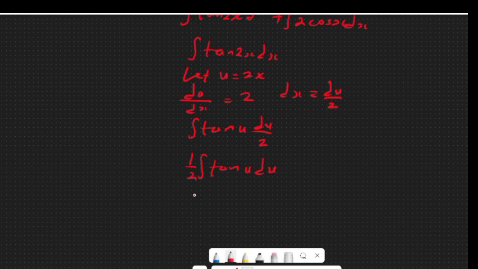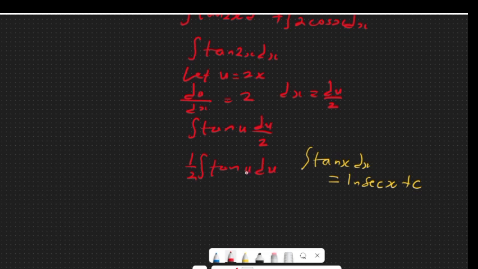So what is the integral of the function tan? Let's say the integral of tan x dx gives ln sec x plus c. Which you're going to apply here.